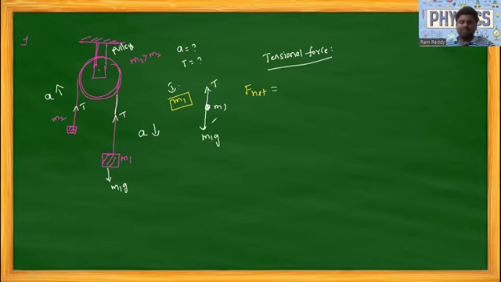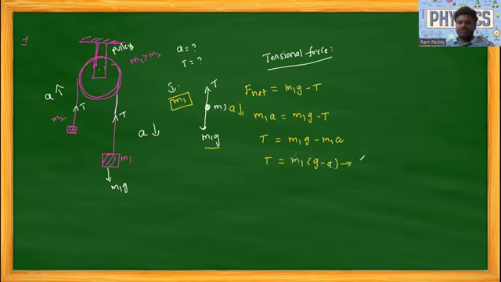F net is equal to, since the acceleration is downward, the gravitational force will be more, so M1G minus T. From Newton's laws of motion, net force is M into A. So M1A is equal to M1G minus T. Then T is equal to M1G minus M1A, so T is equal to M1 times (G minus A). Let us call this equation 1.